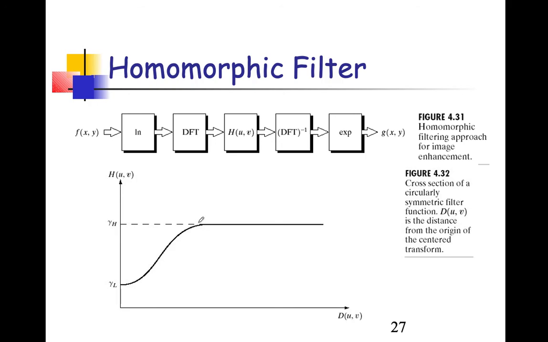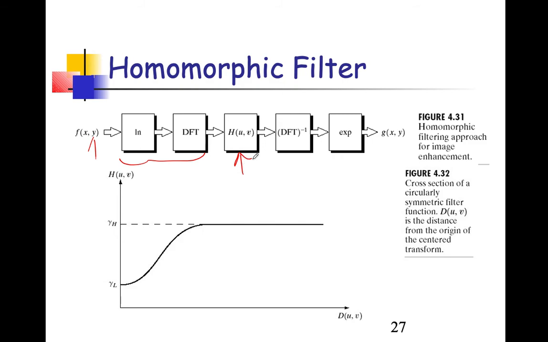In the homomorphic filtering method, this is the process of steps which we are following. The input image will be f of x comma y. Here we apply a discrete Fourier transformation function. Then we apply a normal filtering method which we have discussed in the previous slides; any of the filtering methods we can follow.